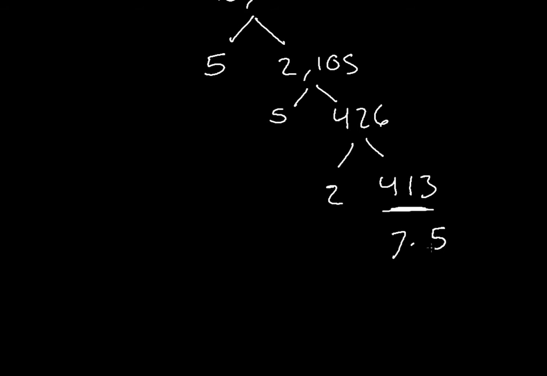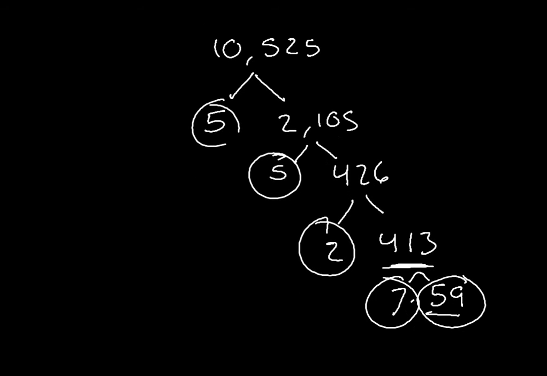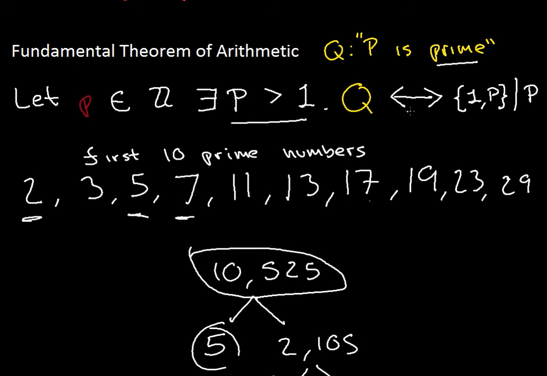And this website confirms that 59 is also a prime number. So here are the prime factorizations that make up this number, 10,525.